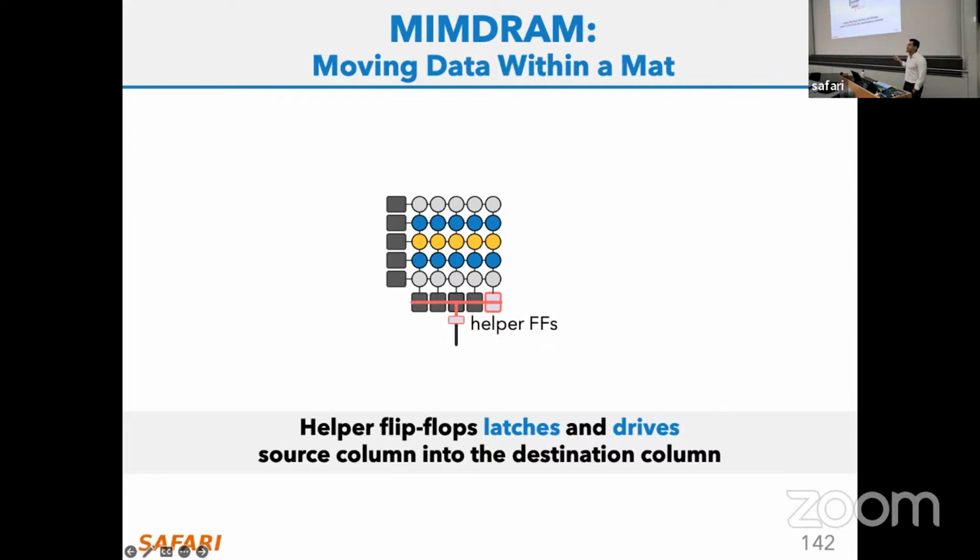So this is a common mechanism because these local sense amplifiers, this entire area is quite area constrained, and you want to make the local sense amplifier only as strong as it needs to be to barely sense the voltage perturbation that the cell puts on the bit line. They don't want to make them really big because that would occupy a lot of space in the mat design itself. So what they do is put in this extra circuit.